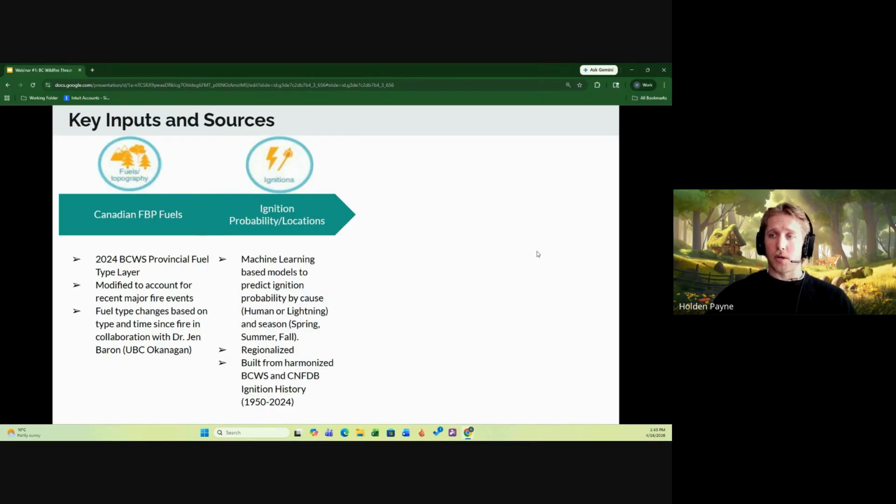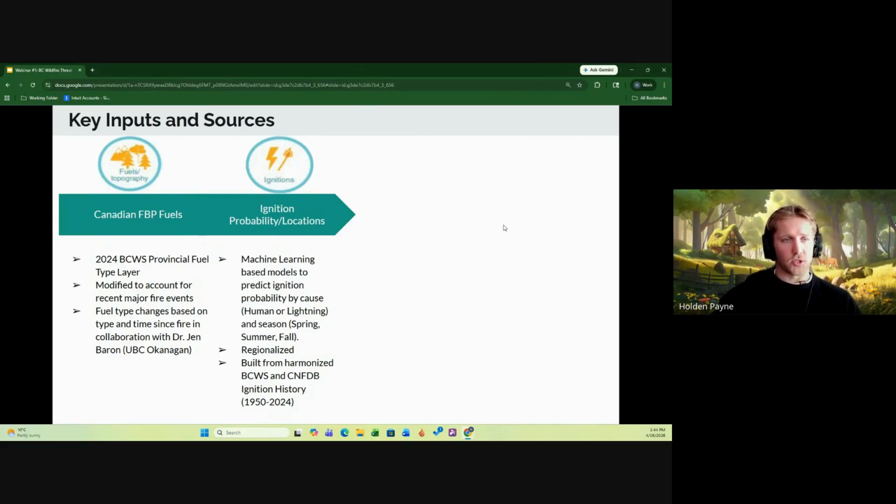And our ignition probability and locations came from machine learning models that were used to predict ignitions by probability and cause. So we have these smooth surfaces of where ignitions are more likely in our landscape for both human and lightning ignition and in all seasons. And these were built on pertinent influences on ignition causes. So for human, that might be road density or distance to WUI, where we had 10 to 15 different predictive variables.